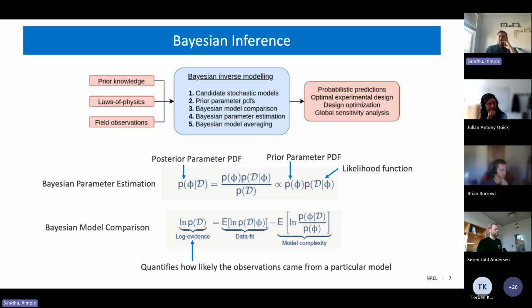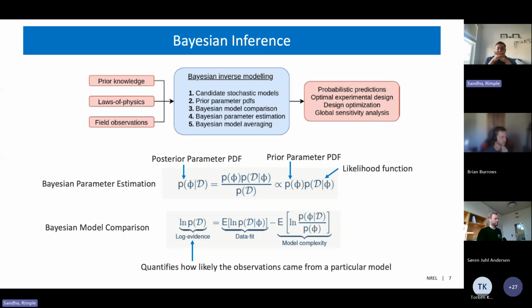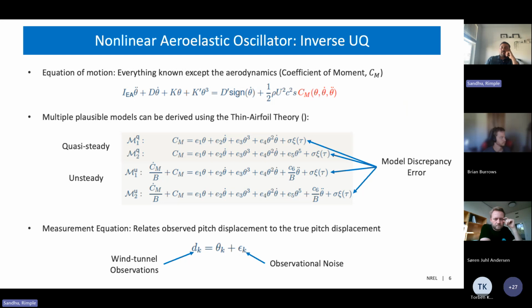Okay, so Bayesian inference is a natural way of trying to do this inversion while trying to quantify the uncertainty. There are three things that go into Bayesian inverse modeling. There's prior knowledge. For example, in my model M1Q, for my E1 and E2, I have some understanding of that from thin airfoil theory, so I may want to include that information.